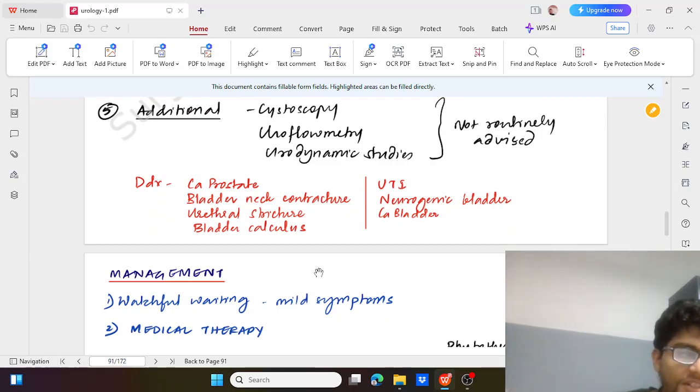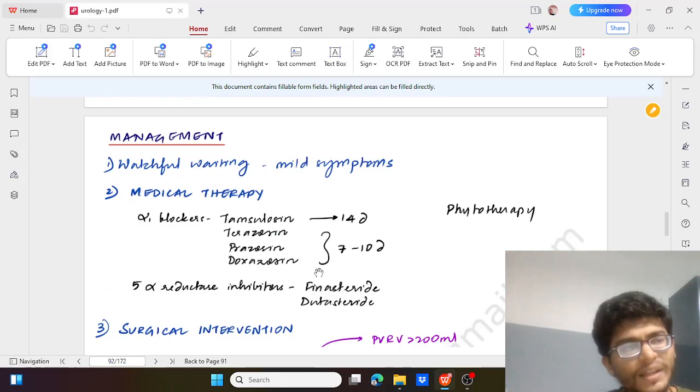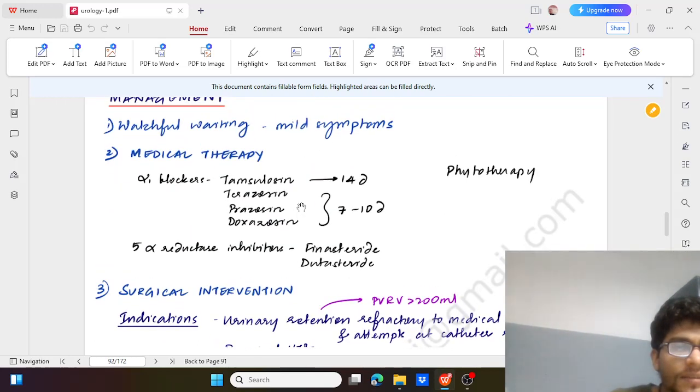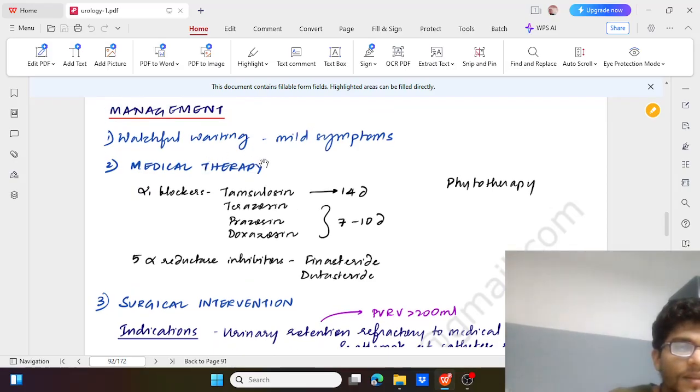Now coming to the management. In the case of mild symptoms, we can always go for watchful waiting, and that will help us in checking whether the symptoms can be managed. Then coming to the medical therapy, which is commonly used, we have alpha blockers.